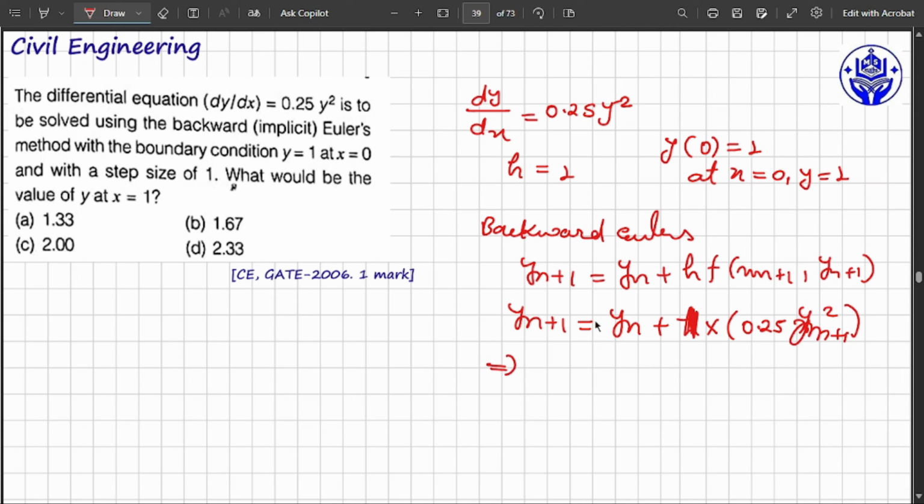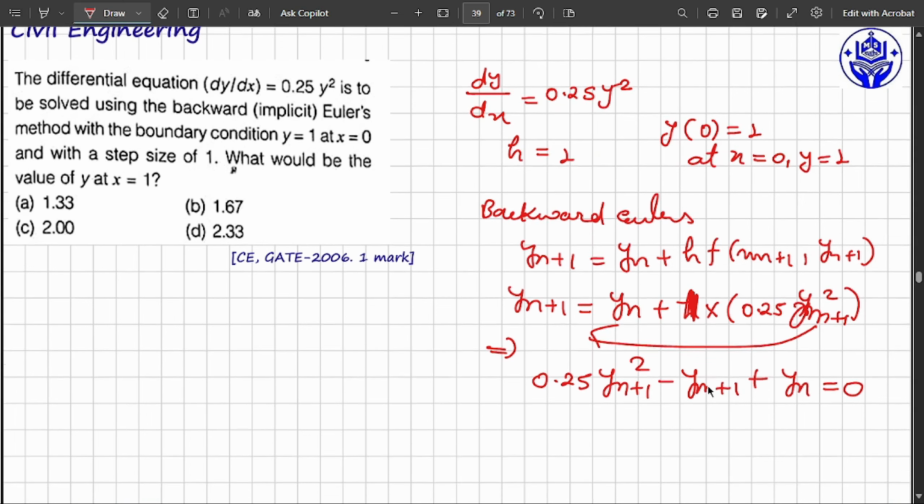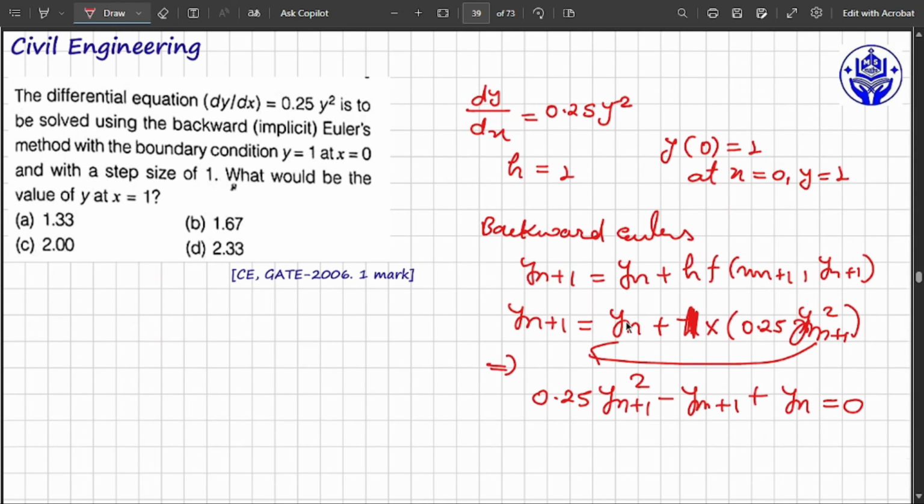So I can write it as 0.25 yn plus 1 square minus yn plus 1 plus yn is equal to 0. This will be the equation. It is a non-linear kind of equation.